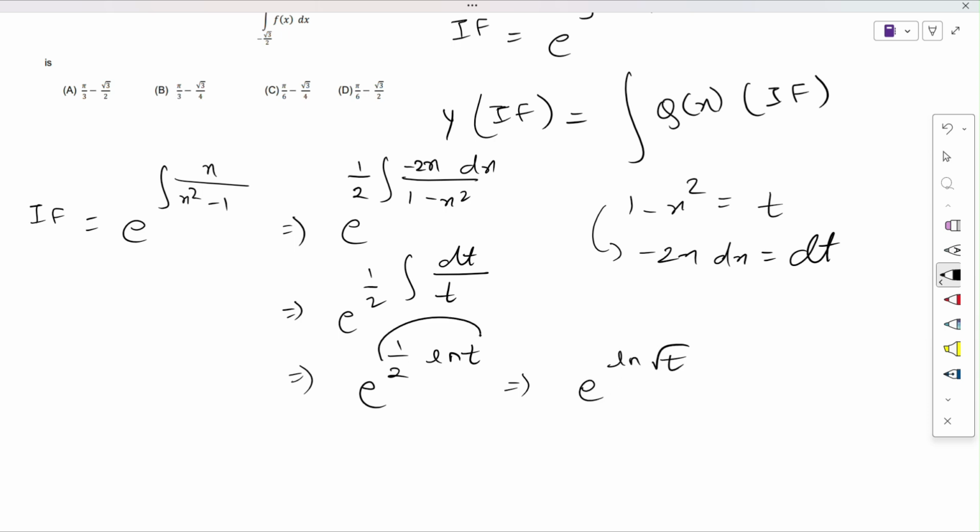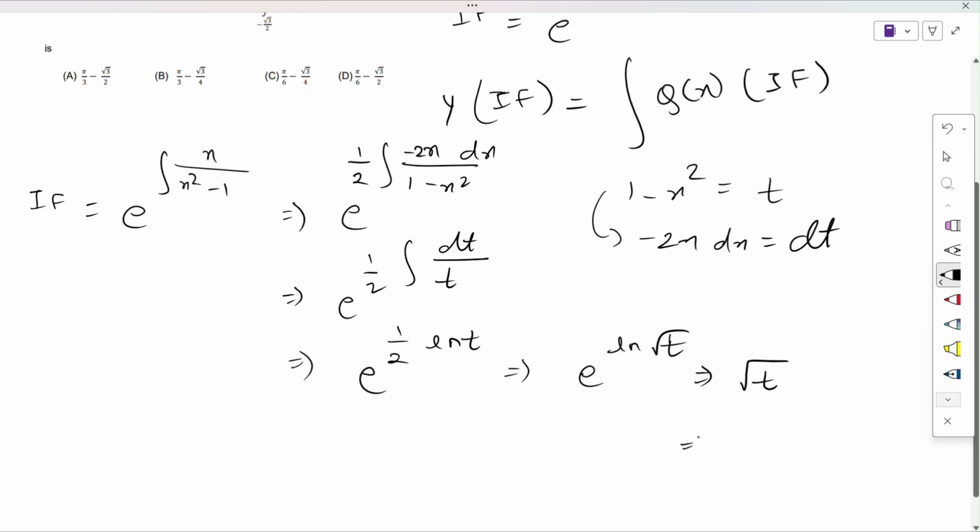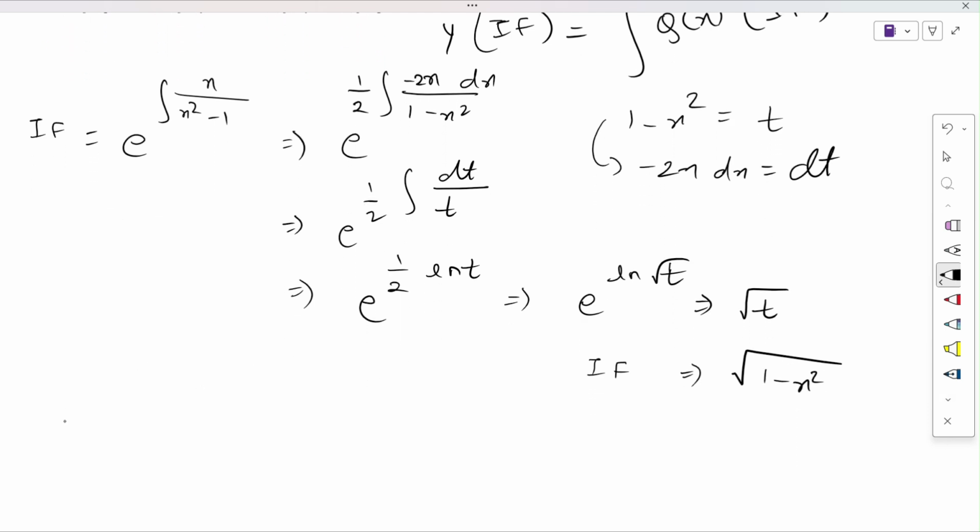We can take the half as a power of t, and by using the rule of logarithm, this will be nothing but root t. Now t was 1 minus x square, so our integrating factor will be root over 1 minus x square.